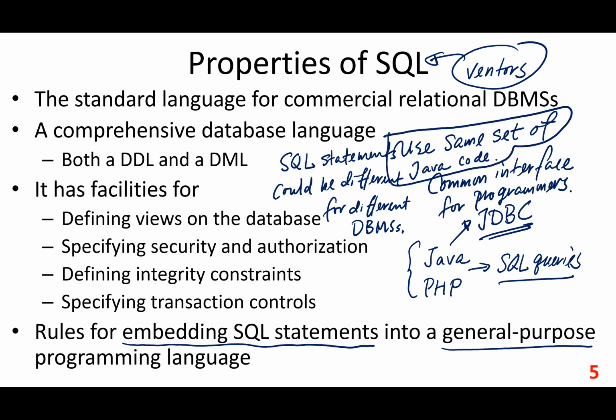You need to change function names when you need to change the DBMS. So that's the difference. Why call it embedding SQL statements? Inside your programming language, you use double quotes around SQL statements to embed them.